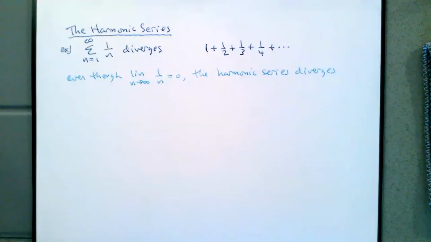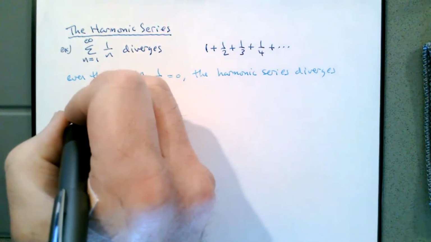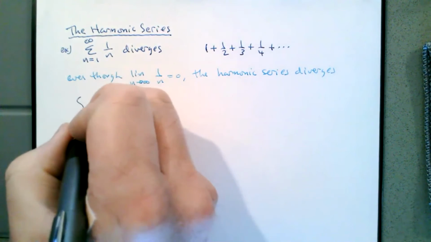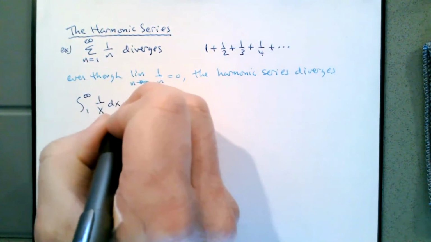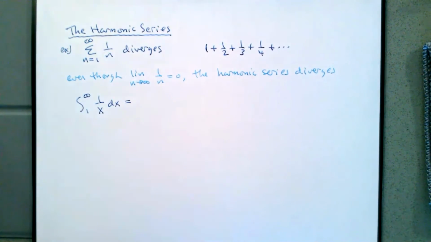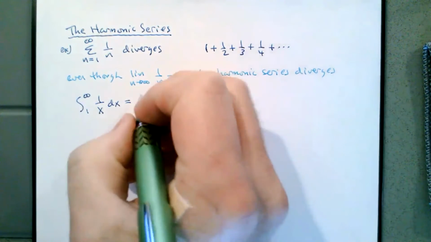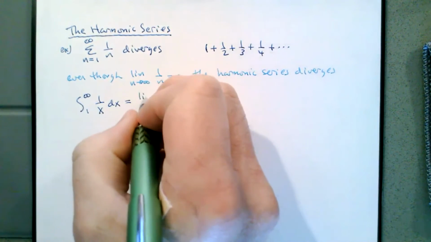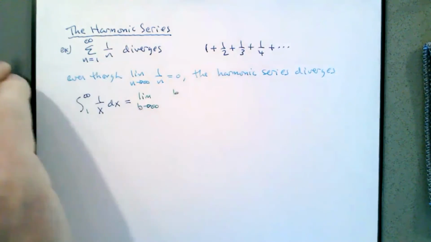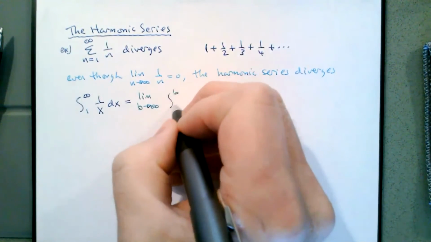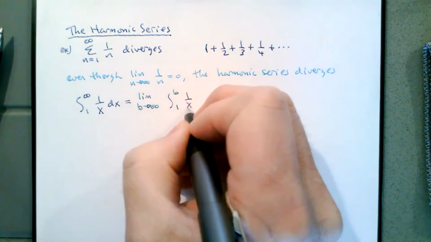We can apply the integral test to this series by looking at the integral from 1 to infinity of 1 over x dx. So if we look at the improper integral from 1 to infinity of 1 over x dx, to evaluate this improper integral, we have to take the limit as b goes to infinity of the integral from 1 to b of 1 over x dx.